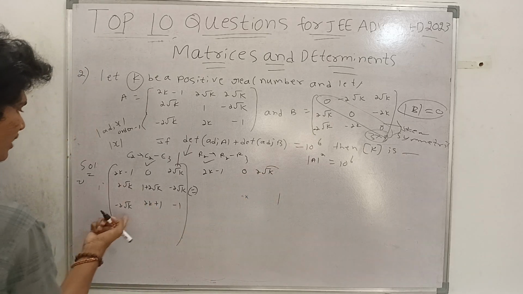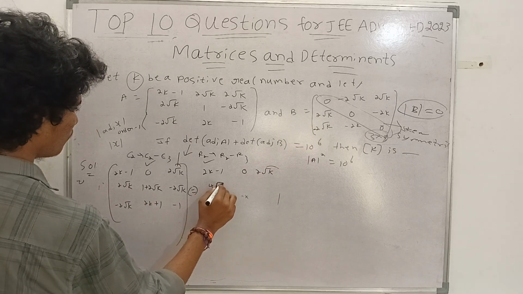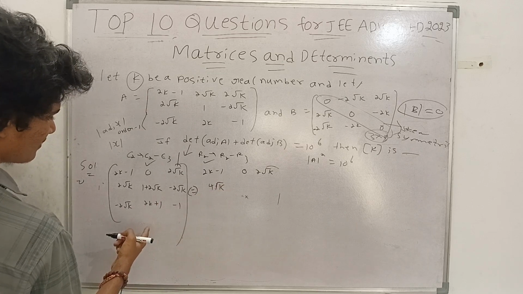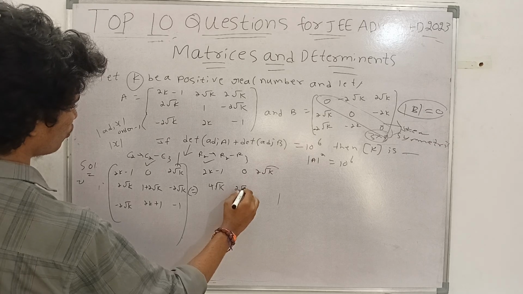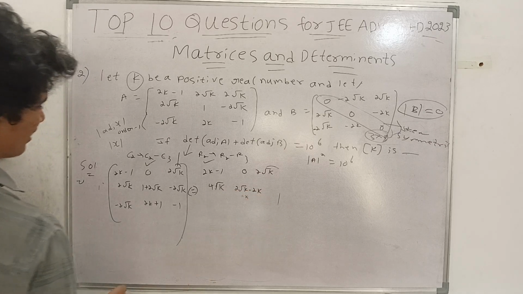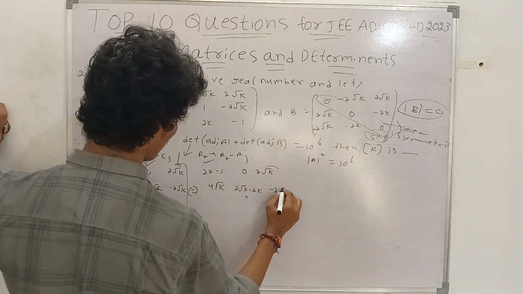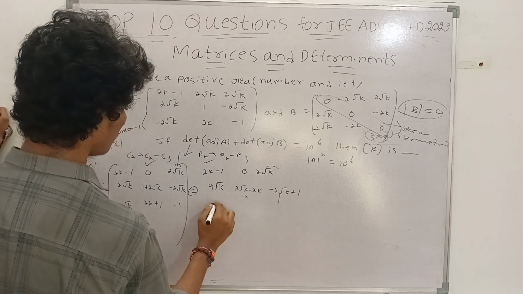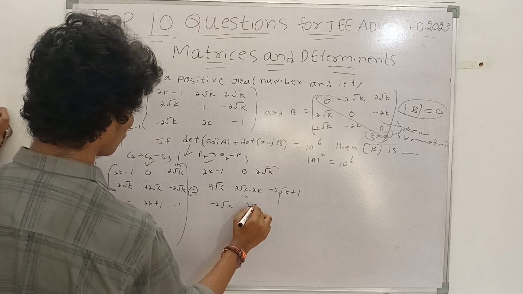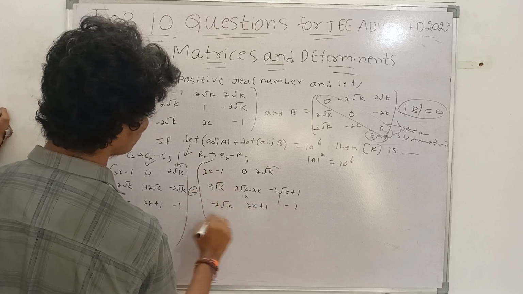R2 minus R3, this thing we have to minus 4 root k, and if we minus these things, what will I get? I will get 2 root k minus 2k, and if I do minus here, I will get like this, and here minus 2 root k, 2k plus 1 minus 1.